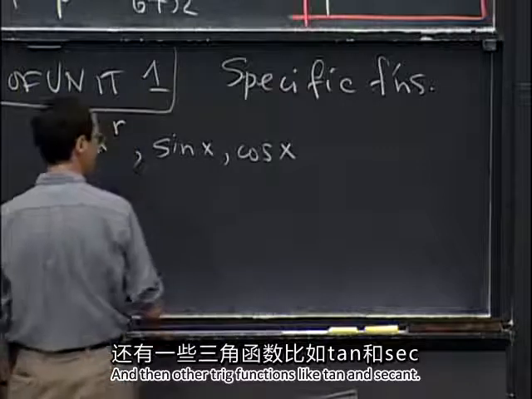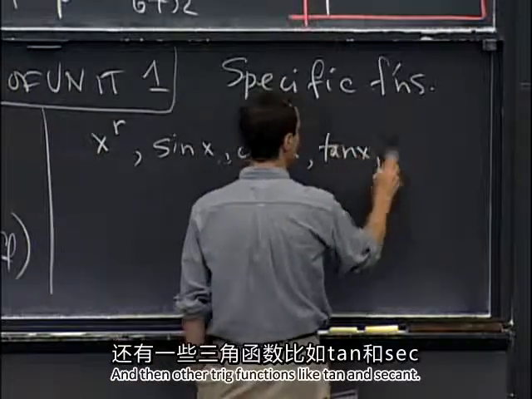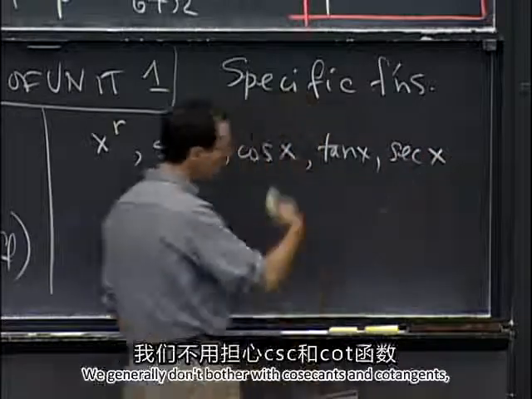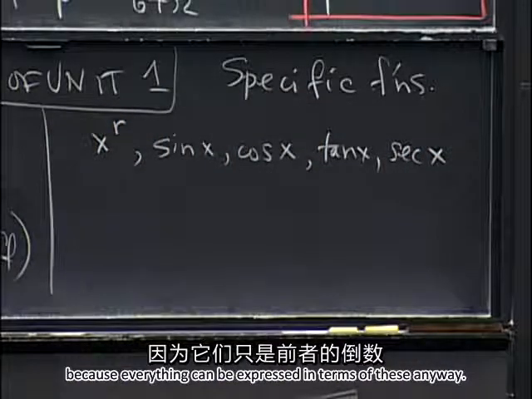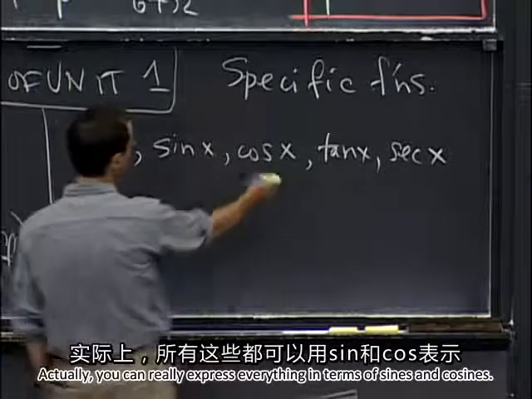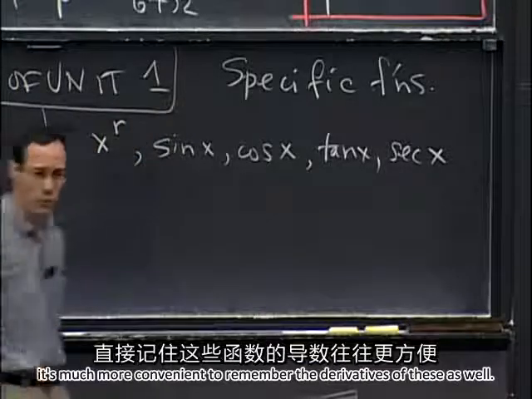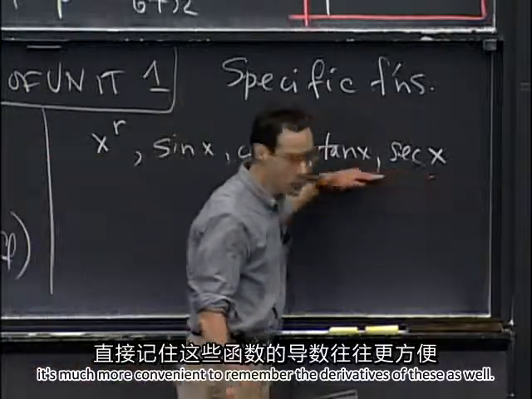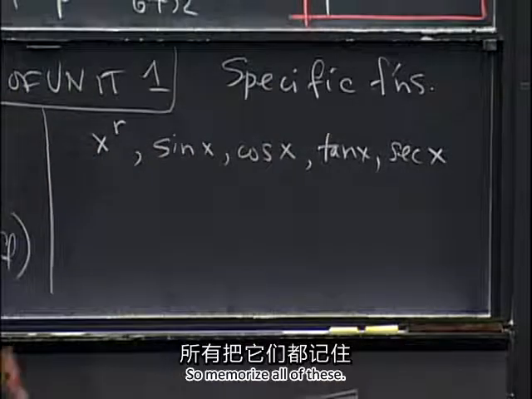And then other trig functions like tan and secant. We generally don't bother with cosecant and cotangent because everything can be expressed in terms of these anyway. Actually, you can really express everything in terms of sines and cosines, but what you'll find is that it's much more convenient to remember the derivatives of these as well. So memorize all of these.